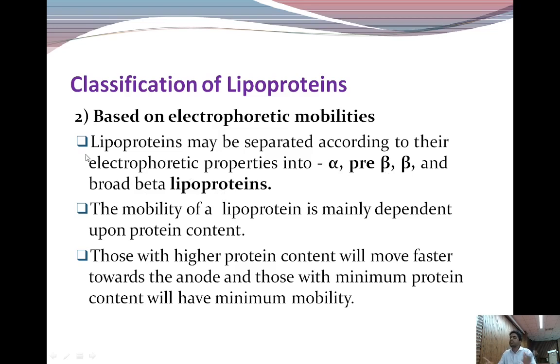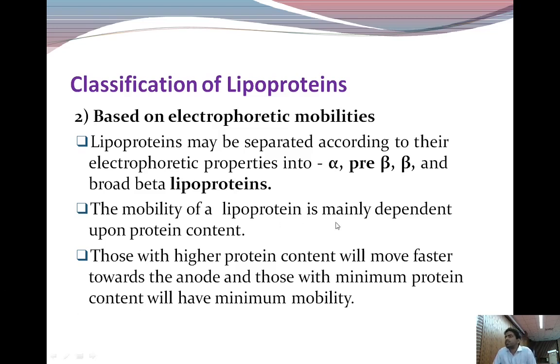The names according to density are chylomicron, VLDL, low density, very low density. So you can understand from the name itself on what basis the classification has been done. And when someone says alpha lipoprotein, beta lipoprotein, pre-beta lipoprotein or broad beta lipoprotein, it means they are classifying lipoproteins based on electrophoresis.